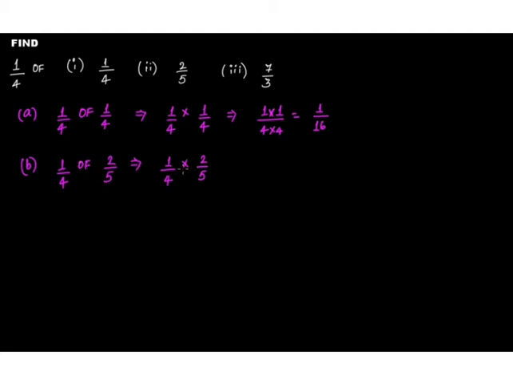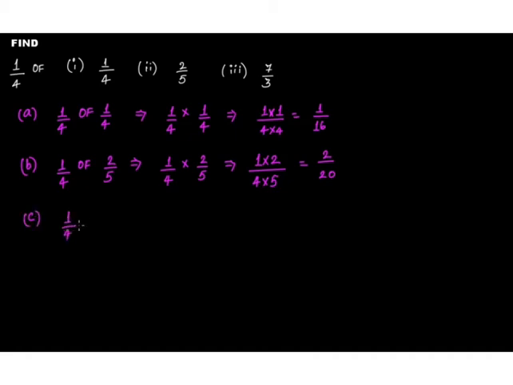So 1 by 4 times 2 by 5, this will be 1 times 2. That is, first multiply the numerators together, then divide by 4 times 5. This will be 2 by 20.